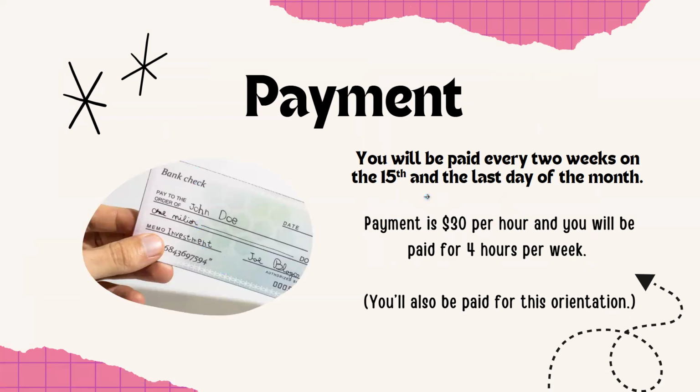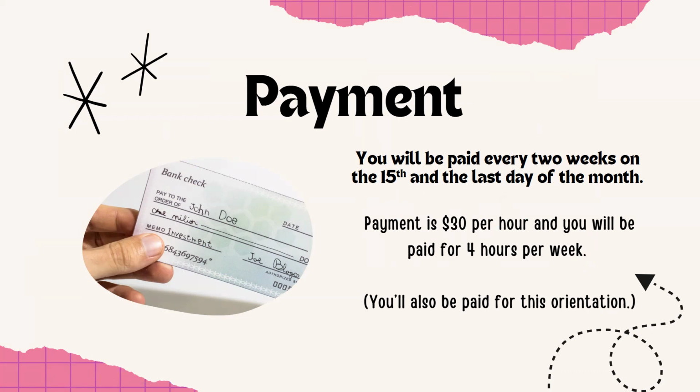So we were able to figure out on Friday that we're going to be able to offer a little bit more for raise instructors. We are able to pay for 4 hours a week for one class.